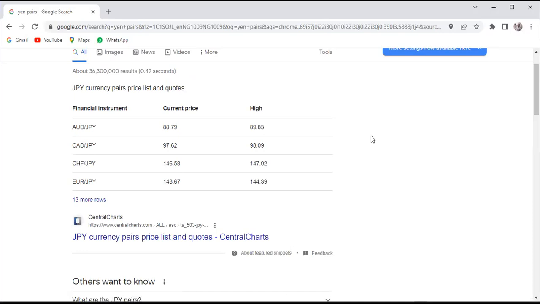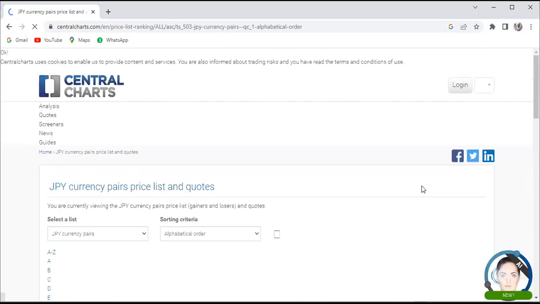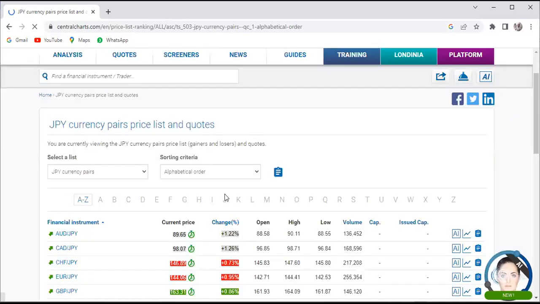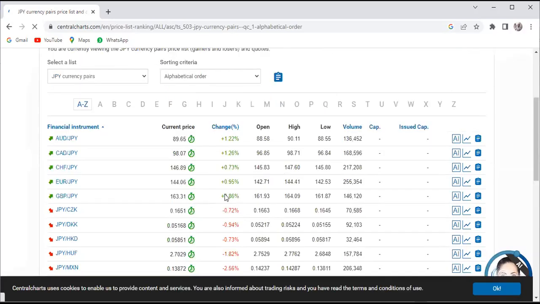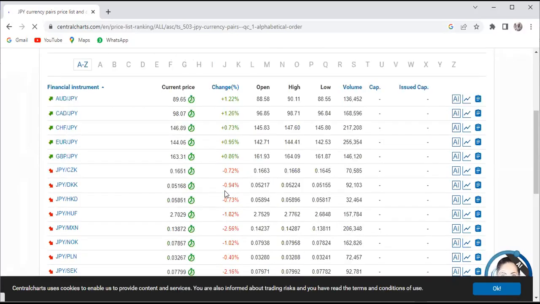They are very good examples of yen pairs. If I check more, there's so much. Look at them. GBP JPY is a good example of a yen pair. So that is that for yen pairs.